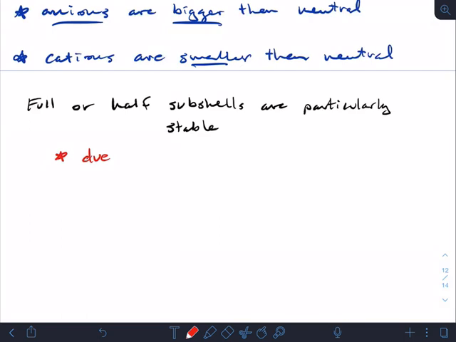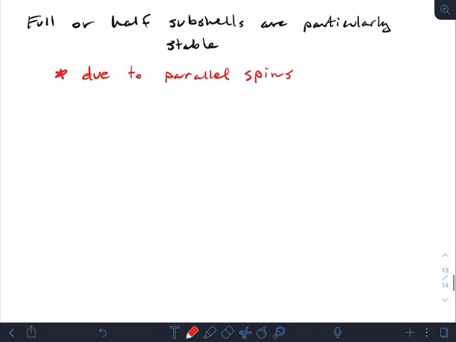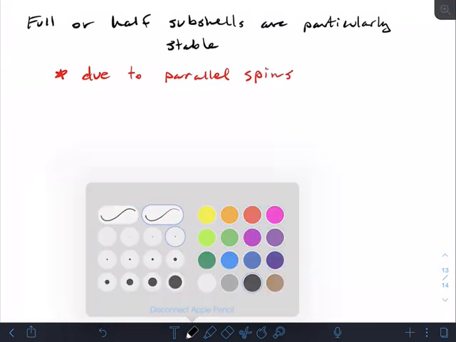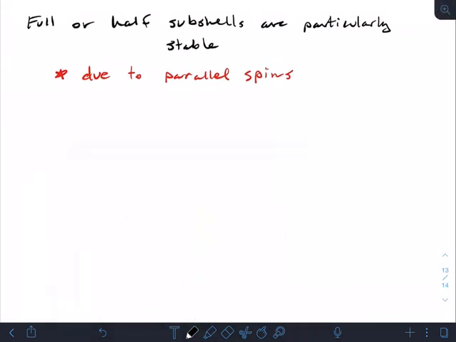And the reason for that is due to a thing referred to as parallel spins. All right. Let's take a look at what in the world that means.